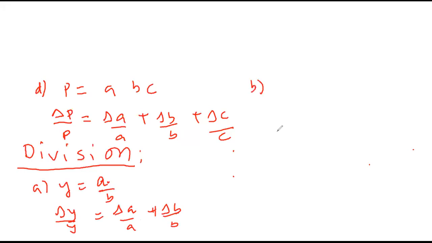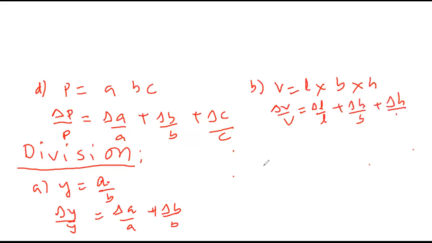Second one, if V is length into breadth into height, then delta V upon V is delta L by L plus delta b by b plus delta h by h.